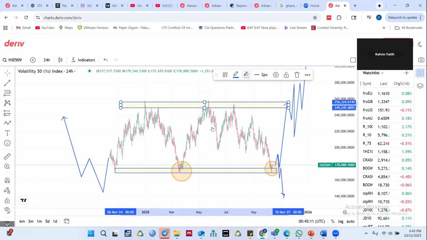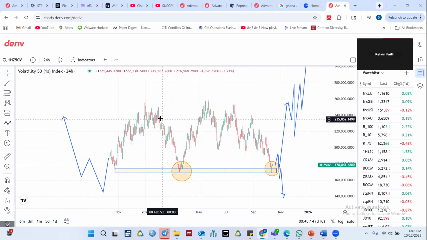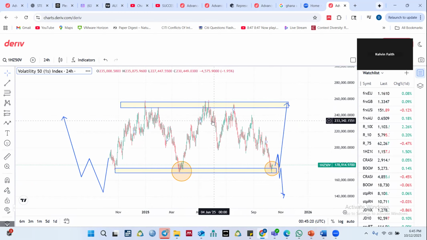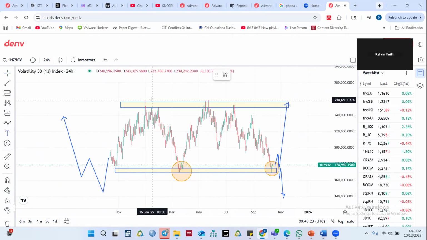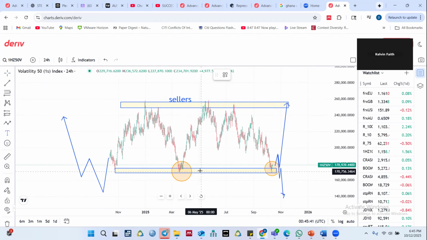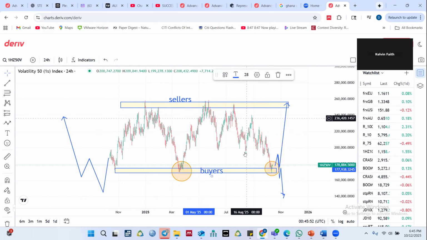But the understanding we have is that at this level, we have sellers in the market who are at the top here. So sellers are coming in, a lot of sellers, let's say with volume, with a lot of money. And below here, we have buyers, who are constantly pushing the price to the upside.